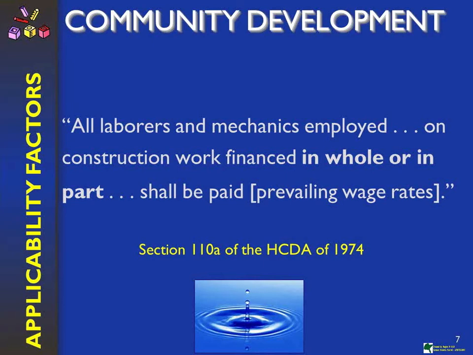If there are other funding sources, Department of Energy or any tax credit, things of that nature that may come together to make the project, while those other funding sources may not be subject to Davis-Bacon, by virtue of community development funds going into that project, it transcends throughout the entire project, irrespective of the other funding sources. So it's important that you know that even a small portion will apply to the project and will trigger Davis-Bacon.